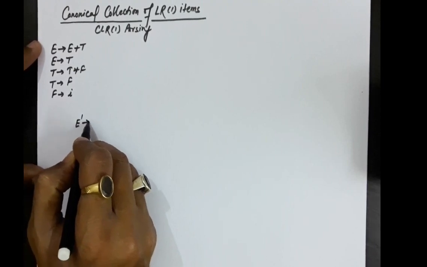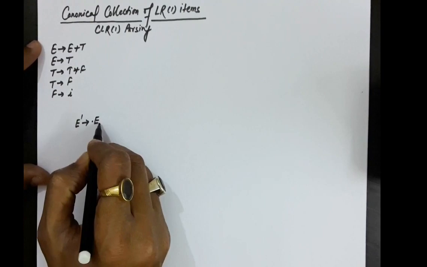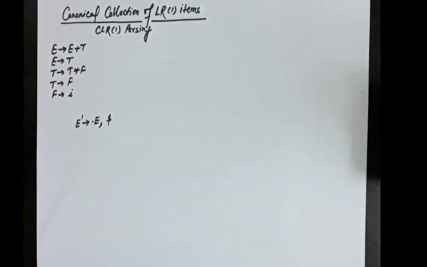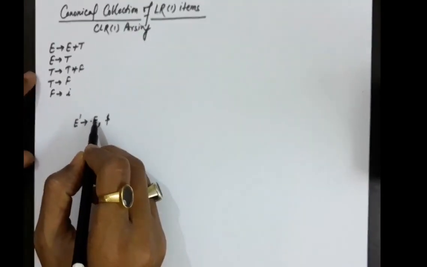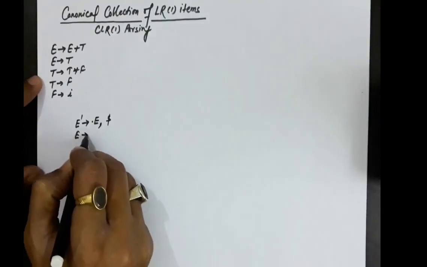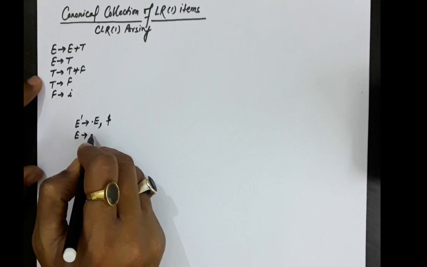So in the augmented grammar, we will add a production that produces the start symbol, and dollar will be the follow of this E. Now since after a dot there is a non-terminal symbol, we will be writing all the productions starting with capital E with a dot at the first place.